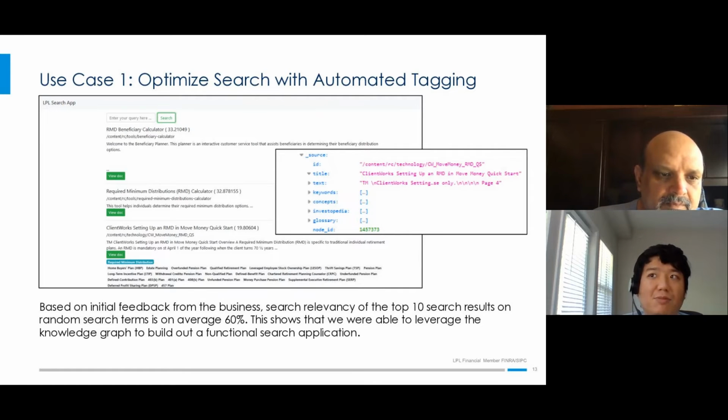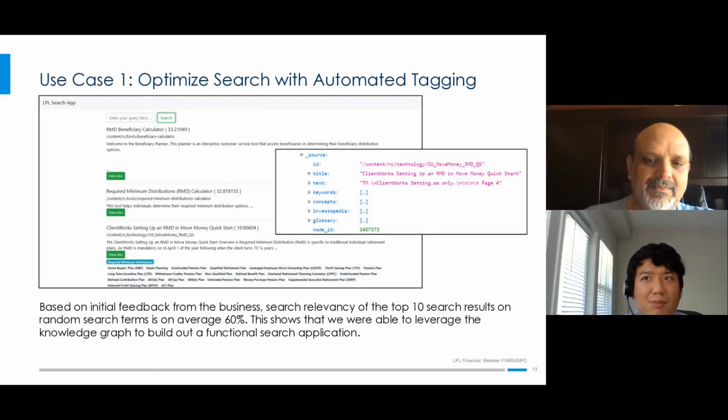Note that we haven't had the time to tune the search weights, but out of the box, just weighing everything equal, the title and the tags that we extracted, we're actually seeing an average of 67% search relevancy for this search application versus an average of 57% for the current state, where they're still carrying out a manual tagging effort, and we believe it is going to take more time to do it.